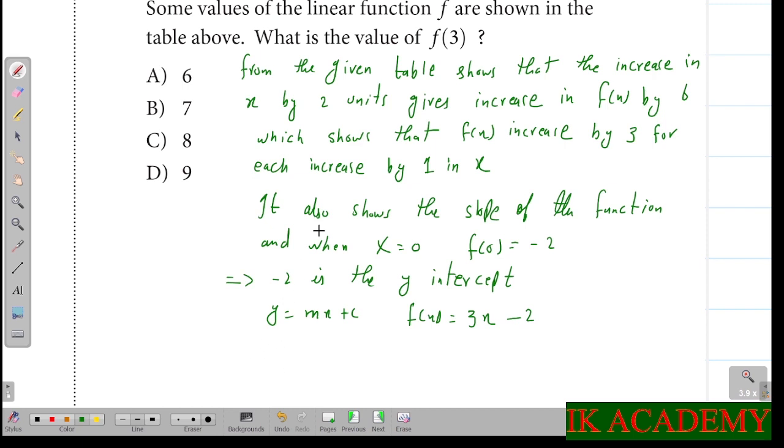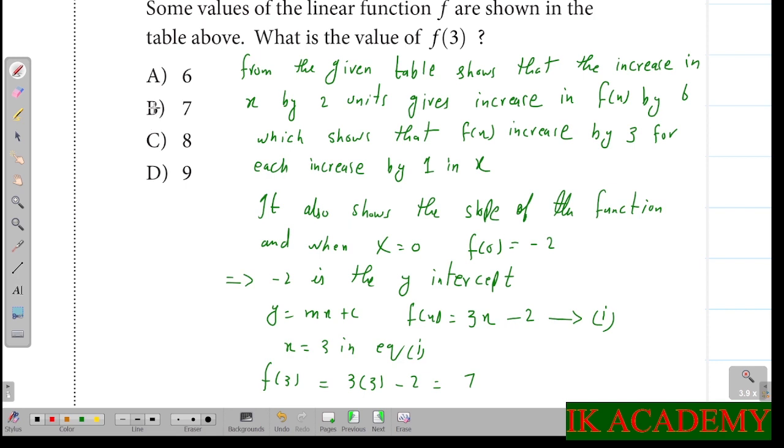We need to find f of 3, so we can use this function. Put x is equal to 3 in equation 1. So f of 3 will be equal to 3 times 3 minus 2, which is 9 minus 2, equal to 7. So 7 is the value of f of 3.